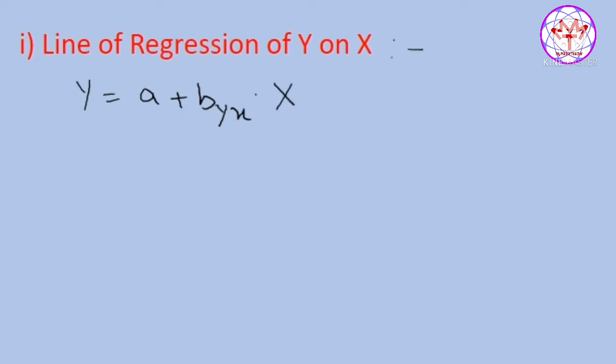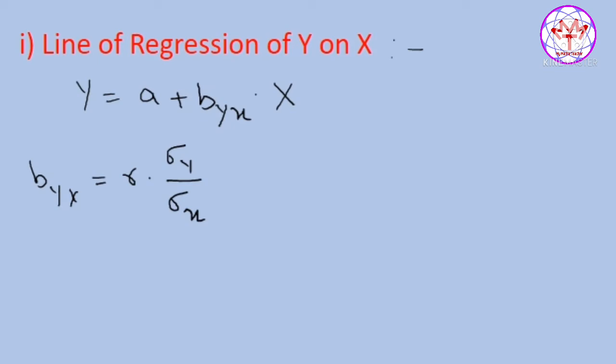Now the regression line of y on x is given as y is equal to a plus byx into x. So let us first find byx. byx is equal to r into sigma y upon sigma x.